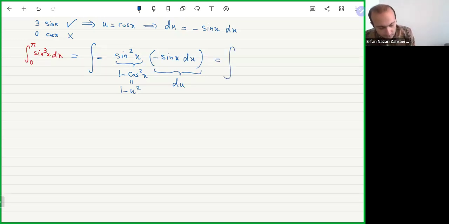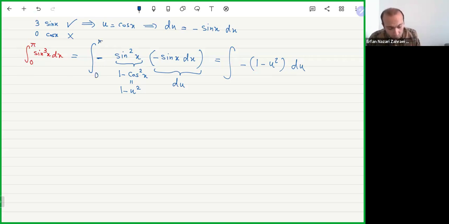So this integral is basically minus the integral of 1 minus u squared du. Okay, good.